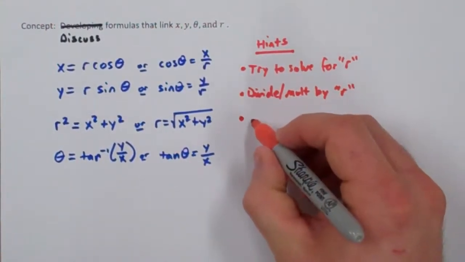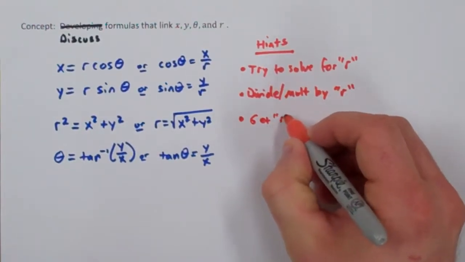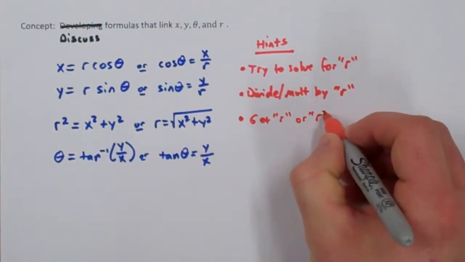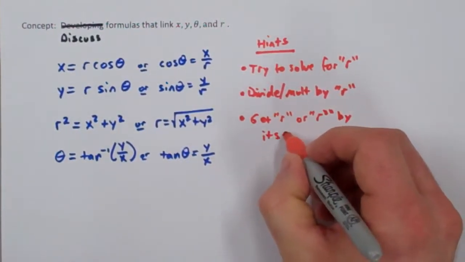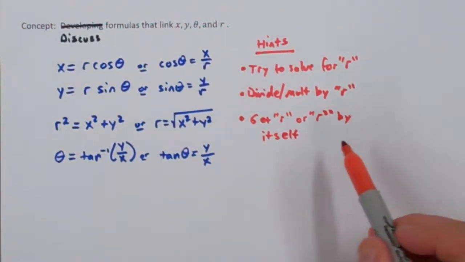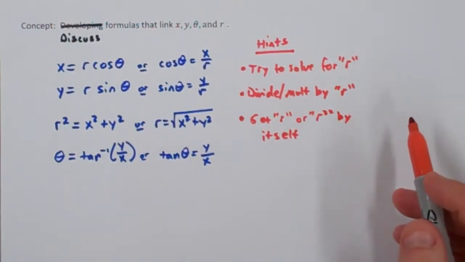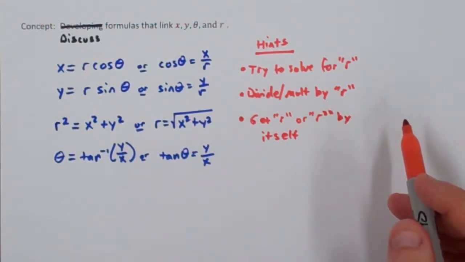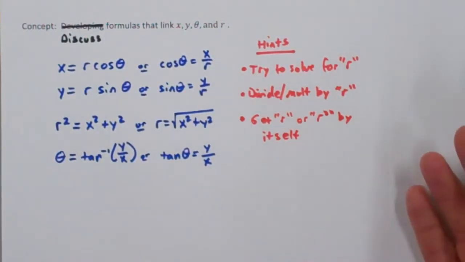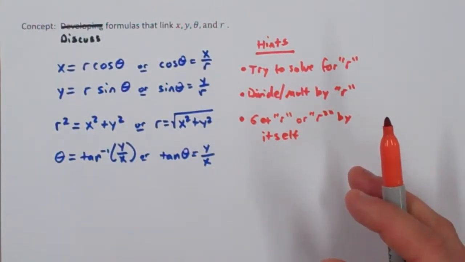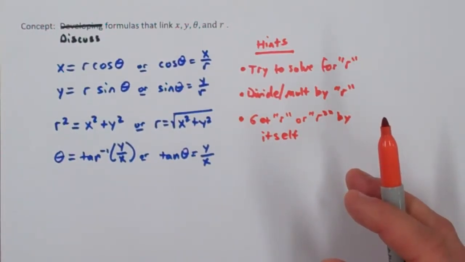The next thing is to get r or r squared by itself. That's kind of the same thing as the hint up here, try to solve for r. Or, if it's still not solved for, you can still get it by itself. So if you had r cosine theta plus r squared, that would work.